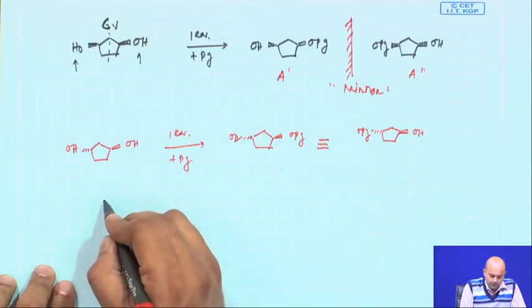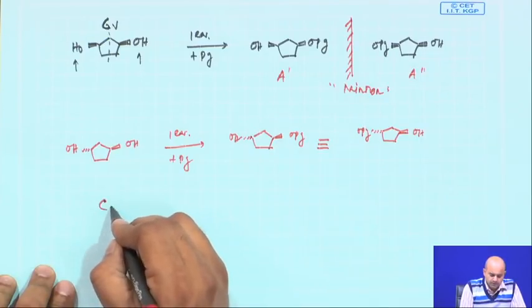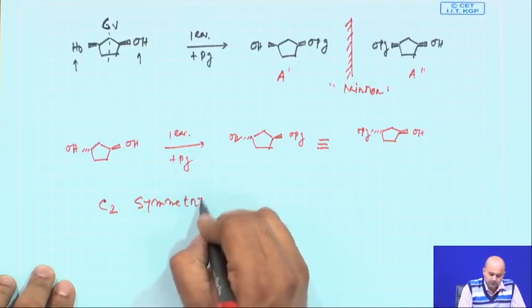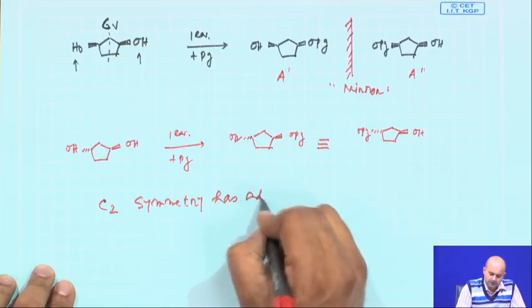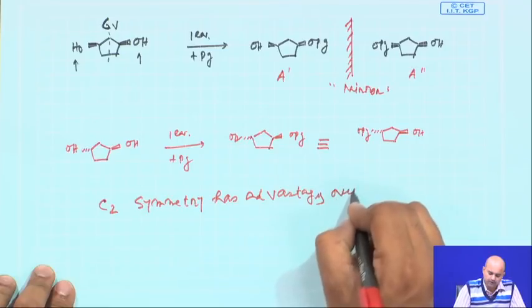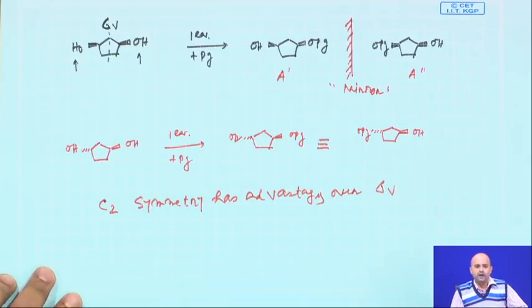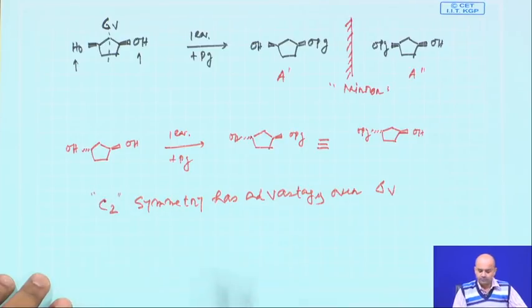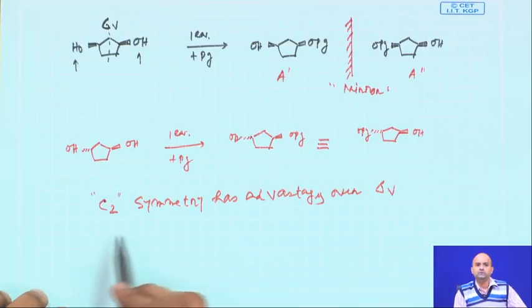That is why C2 symmetry, if your molecule is C2 symmetric, has advantages over sigma v, and it happens many times that your starting material, intermediate or precursor has C2 symmetry. We will discuss these strategic points when we talk about stereochemical strategies a little bit later in our discussion.